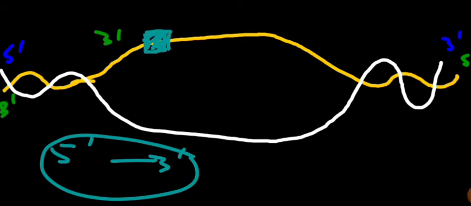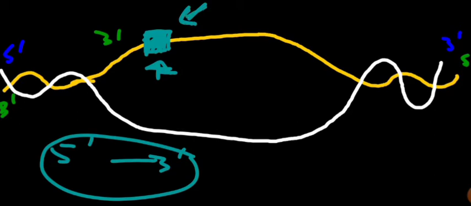The primer will first come and attach at the origin of replication. The point where replication begins is called the origin of replication. So the primer will come and attach at that point.